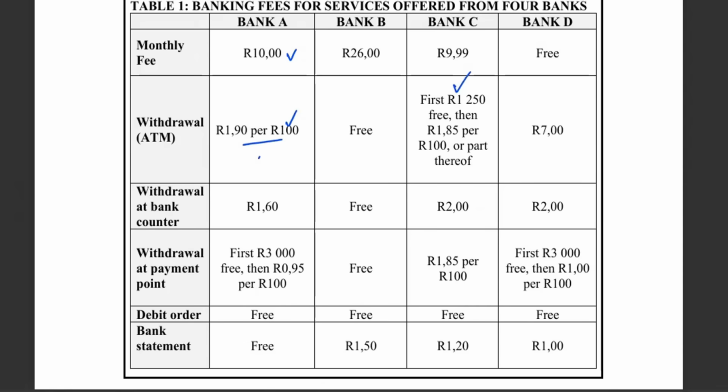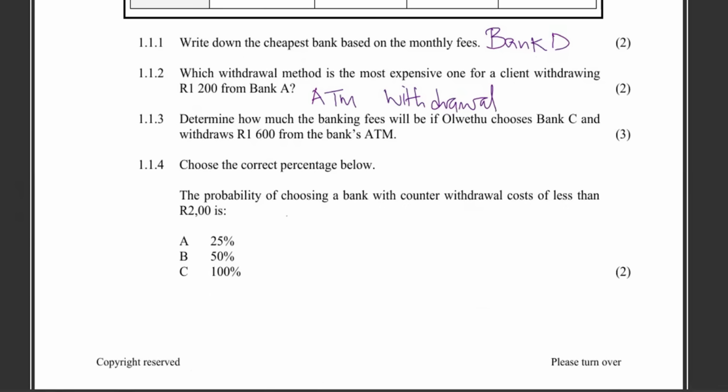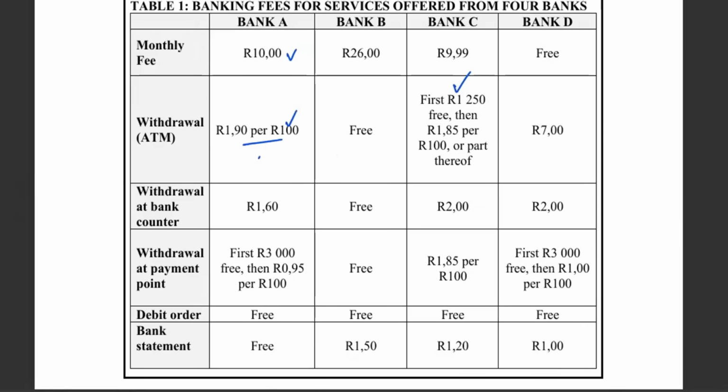Whatever remains, you divide by 100 and multiply by 1,85. So 1,600 minus 1,200 leaves 400, because they said part thereof.